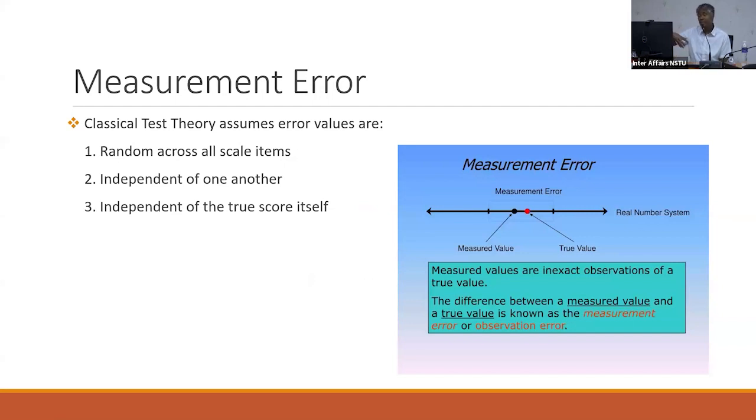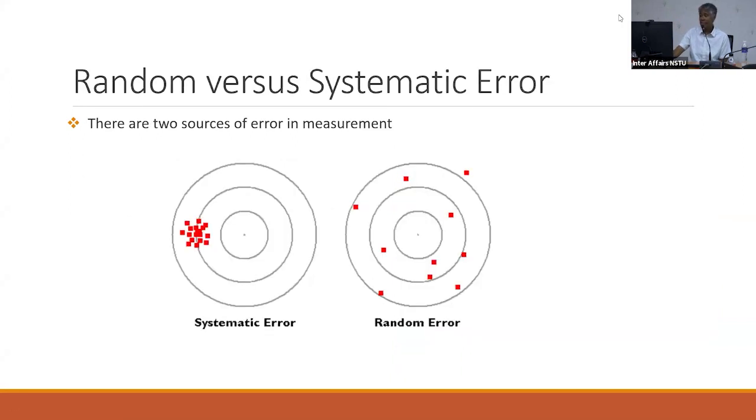Because it's built into measurement theory, it does not invalidate the test results. However, when we see a systematic source of error, a source of error that is non-random, that is the same across items and the same across individuals, this becomes a problem.